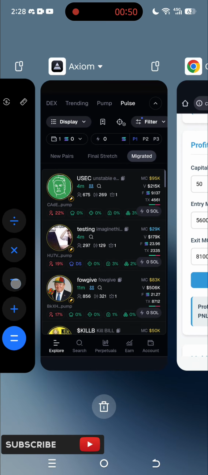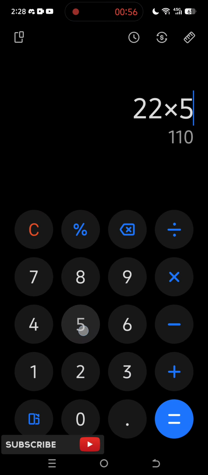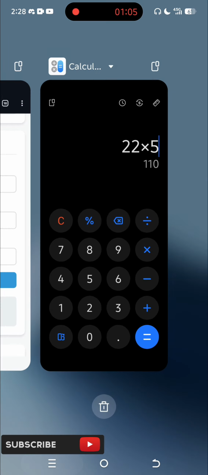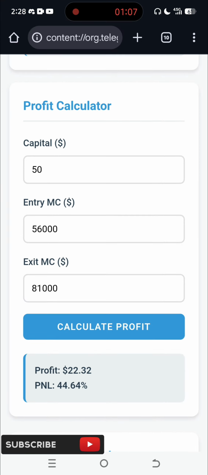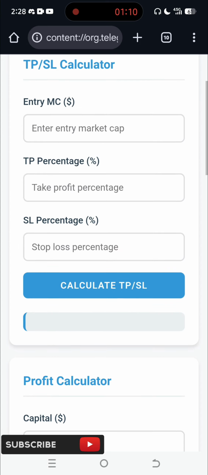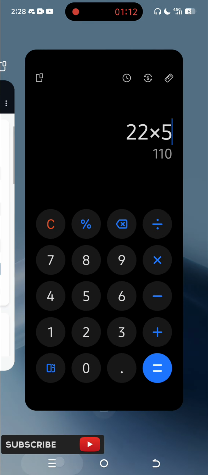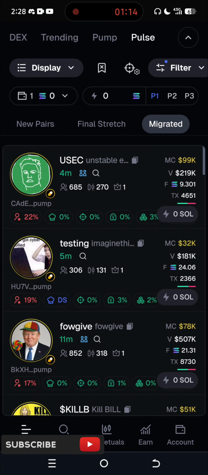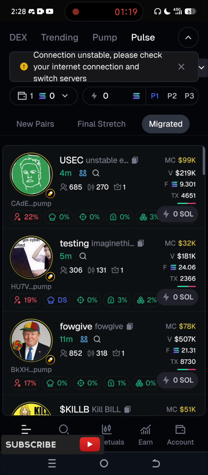So how many times do we just need to trade? Five times a day and we are going to make over $100 if I trade with $50 to make 44%. So it is very possible to make $100 every single day in the trenches, very possible.